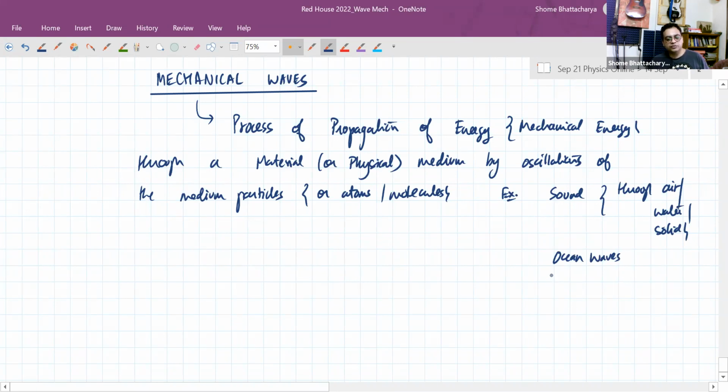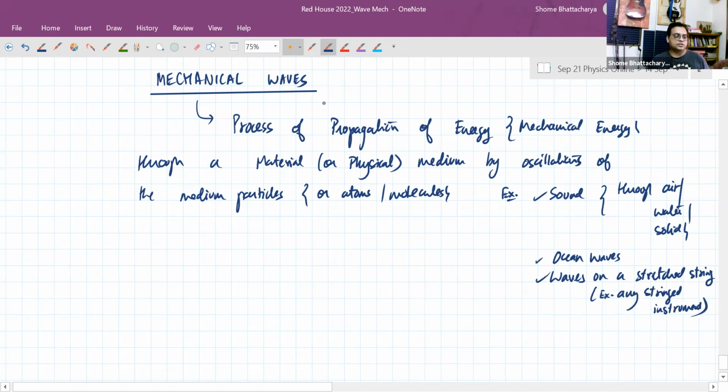Or the example of waves on a stretched string, so any stringed instrument. All these are examples of mechanical waves.